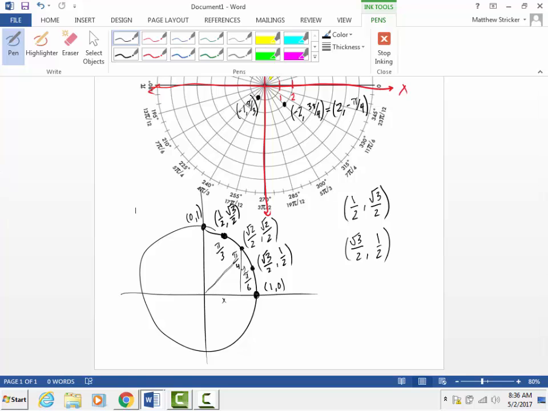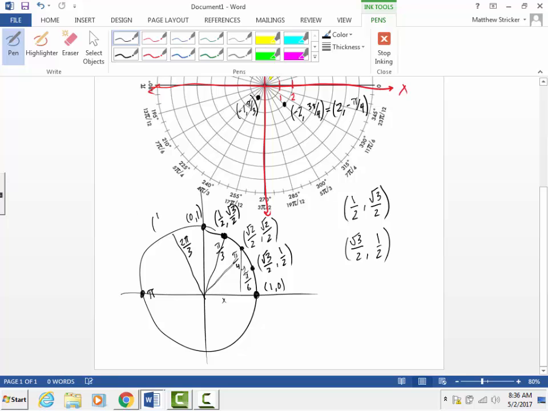Okay, so once you know that, you know every single other point if you know where x's are positive and negative and y's are positive and negative. So what is our angle? 2 pi over 3. We know that this is at pi right here, and if you split it into thirds, this would be 1/3, and then this would be 2/3 right here, 2 pi over 3. And so this is the same exact point.